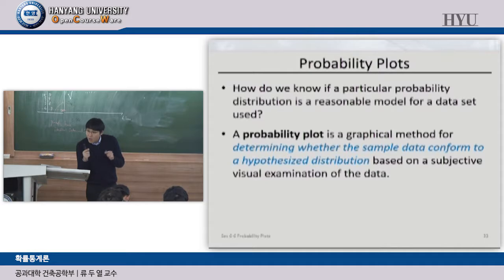Right? So how can we determine those kind of things? We can use this probability plot. Okay? So the reason why we have to use the probability plot is to determine whether the hypothesized distribution can be used to analyze the obtained sample data point. Okay?